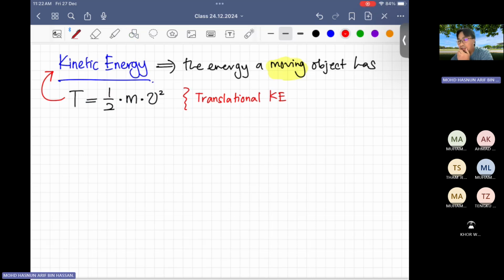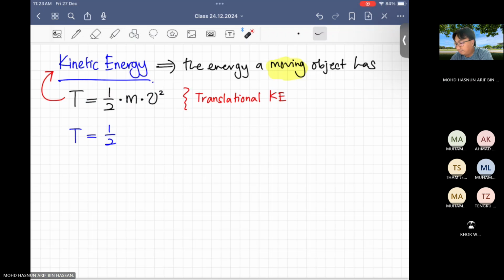So what if we have a rotational object? What do you think the kinetic energy will be? How do you write the formula? We still use the symbol T, 1 over 2. But how do you convert M? When it becomes rotation, what is the sibling of mass for rotation?